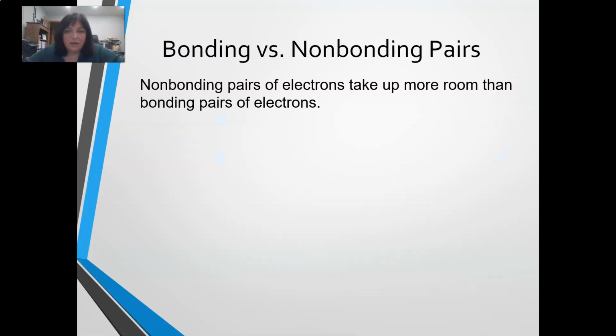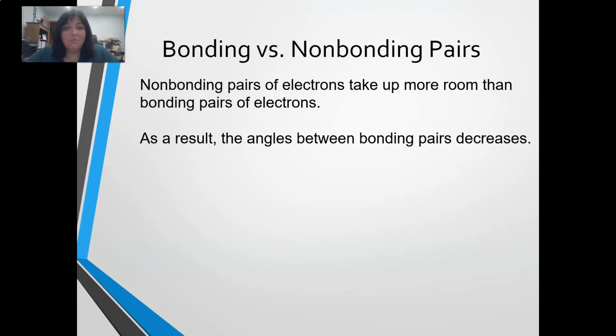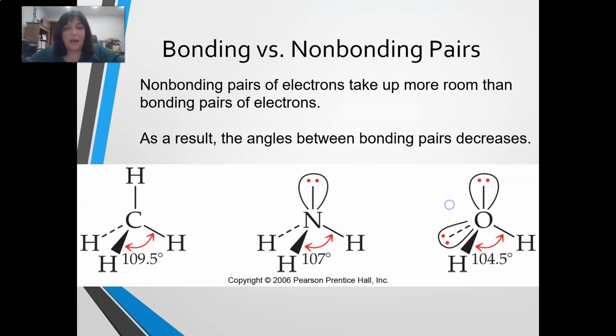So non-bonding pairs of electrons take up more room than bonding pairs of electrons. So what's going to happen as you go from a tetrahedral to a triangular pyramid to a bent, is the angle's going to change a little bit, okay? Because those non-bonding pairs are going to cause the bonds to bend down. So the bond angle is actually going to be smaller. So here's what we're talking about.